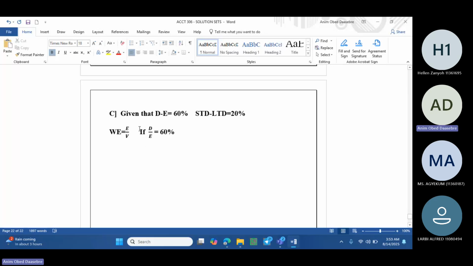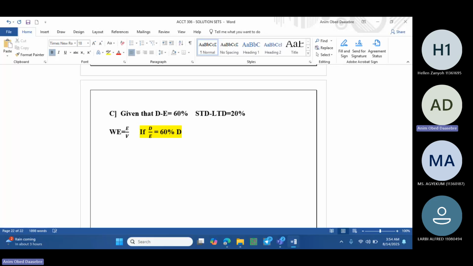So given this equation, how are we going to find our debt ratio? We have to make D the subject.